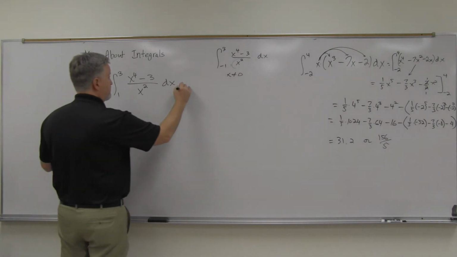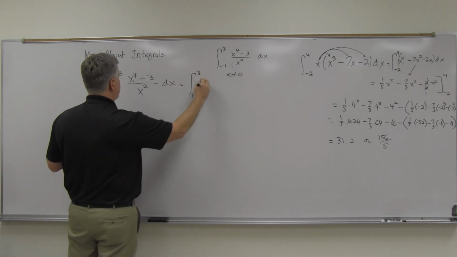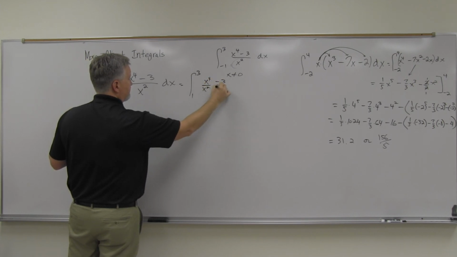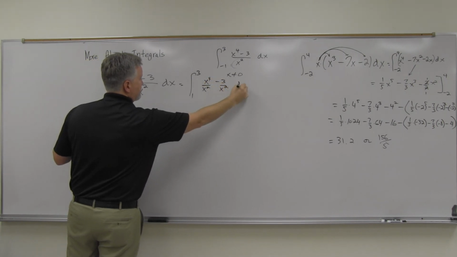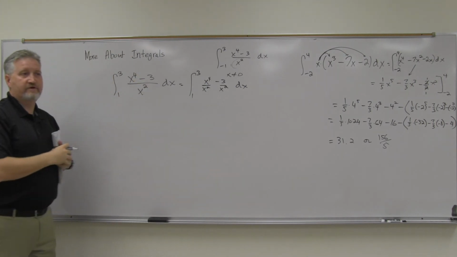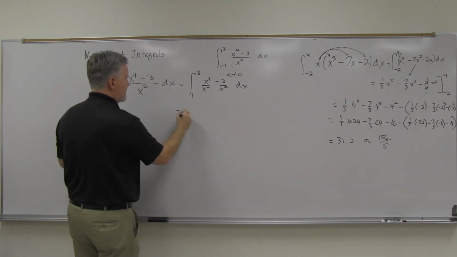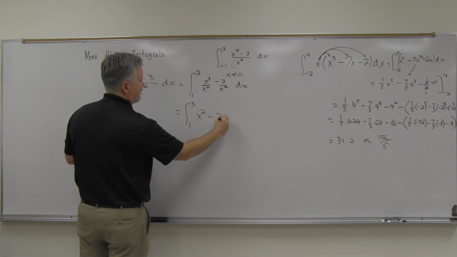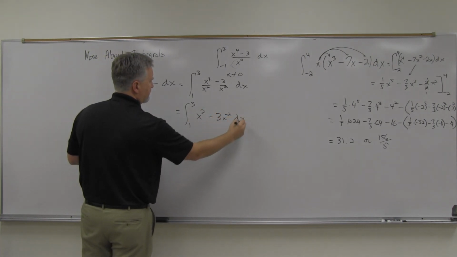In this case, we can, because one thing we can do is go ahead and divide the x squared into both of those, and that'll make it the integral from 1 to 3 of x squared minus 3x to the minus 2, right?